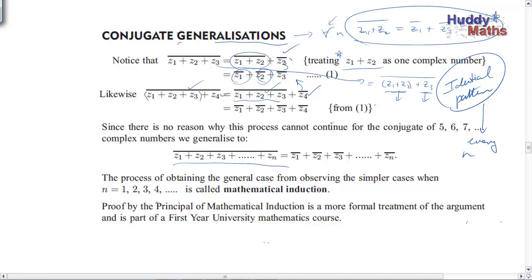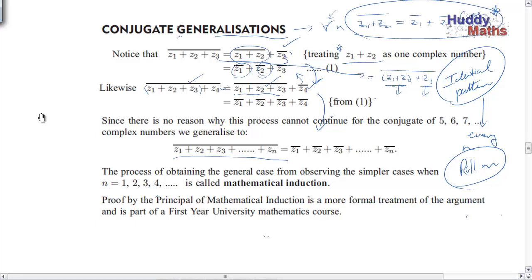Okay, so that again, if you can show that this leads to this, leads to this, then it's irrefutable that the pattern will just roll on. So that's not a bad way of doing it. The pattern must be shown to roll on. You must have an identical linkage so that people can see that it will never stop and you can get for all n. Okay, this is called the process of mathematical induction.